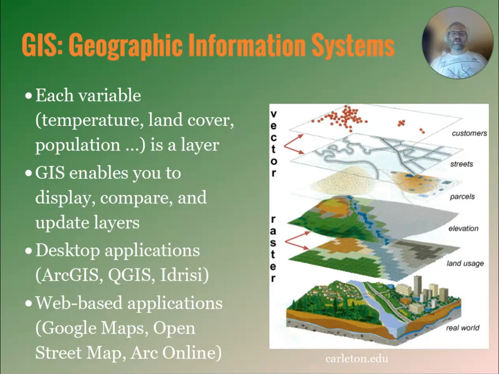You can use it to answer questions. In a GIS, you're going to usually combine multiple different variables, multiple different things that you have data about for the area you're interested in. We call each of those variables a layer. Each data set that contains a certain variable of data is a layer.